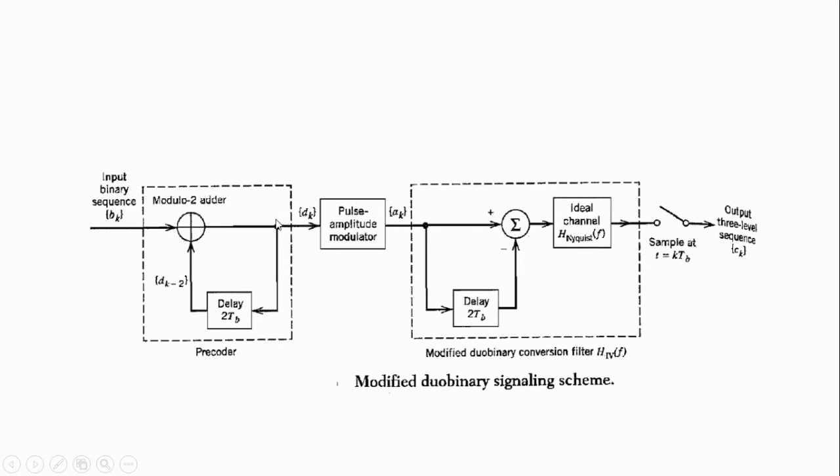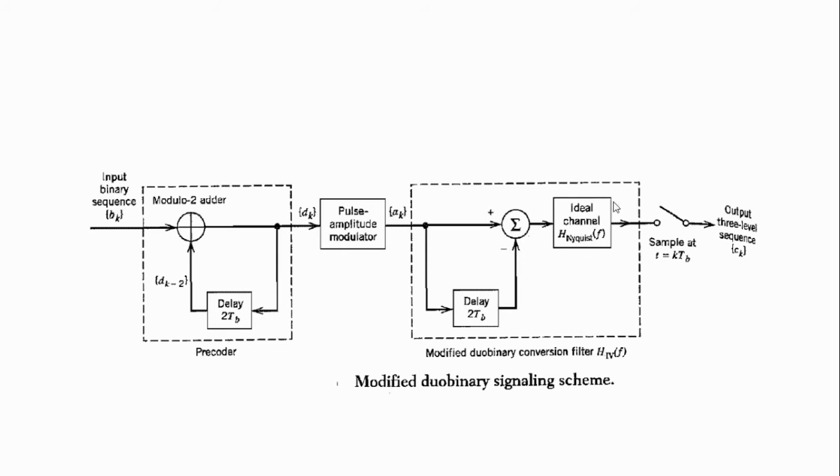That means the output of the XOR gate is t_k. The 2-bit previous value is taken and given into the XOR gate. So t_k equals p_k XOR t_(k-2), and then pulse amplitude modulation provides the sequence a_k, and the output function c_k is equal to a_k minus a_(k-2).